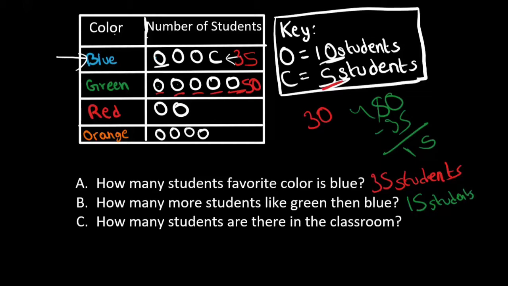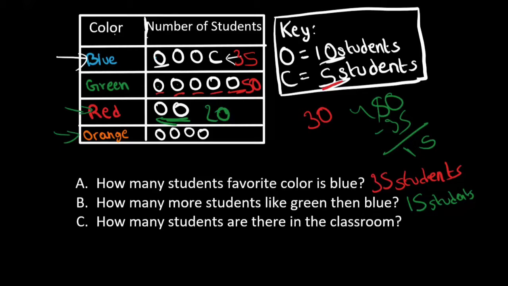The third question says, how many students are there in the classroom? We have to find the number of students who like blue, green, red, and orange. Since we already found blue and green, we have to find red and then orange. I see there are two complete circles in red, so we do 2 times 10, that is 20.